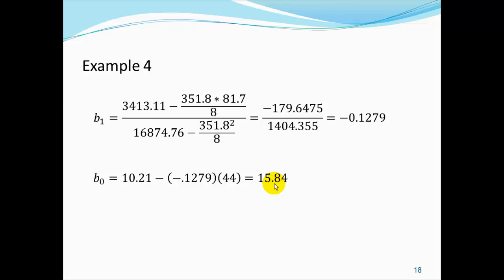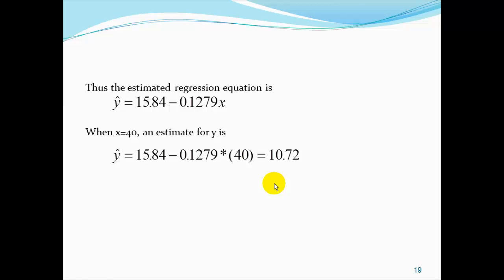Now that we have computed B0 and B1, we can fill these two values into our least squared regression equation. This equation is y hat equals B0, which for our case is 15.84, plus B1. So plus a negative 0.1279 is just minus 0.1279 times x.